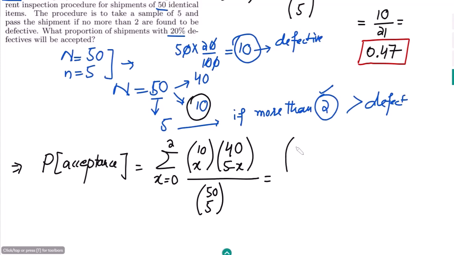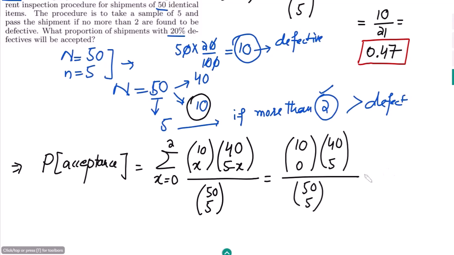Okay, so what will happen here? Let me write it here. So it will become 10 choose 0, 40 choose 5, whole divided by 50 choose 5. Okay, similarly plus this one now, 10 choose 1, 40 choose 4, whole divided by 50 choose 5.